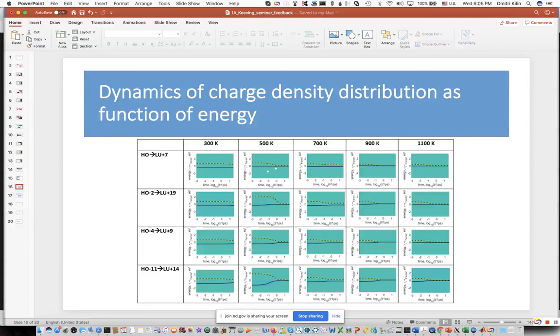So this is a very curious finding. Then again, there might be human error involved when calculating how my expectation values change with energy. So I may need to double check these figures, particularly the 500 Kelvin and the 700 Kelvin. Okay. Next slide.